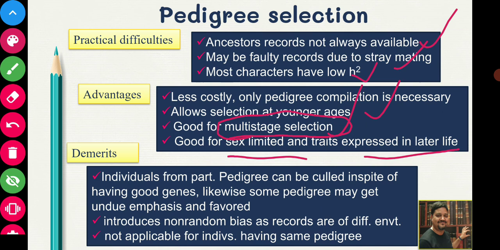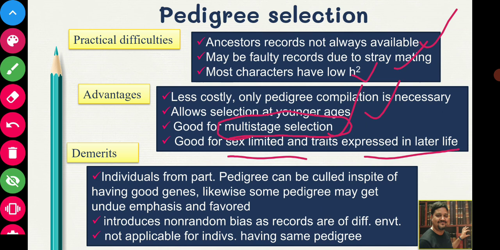Because you don't have to see the performance of the animal. You have to see the performance of its parents or its pedigree. So it is applicable for sex-limited traits.